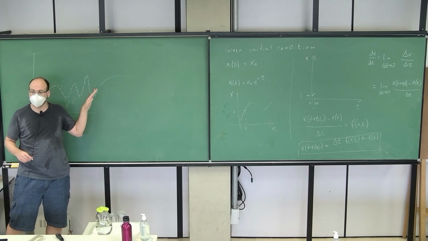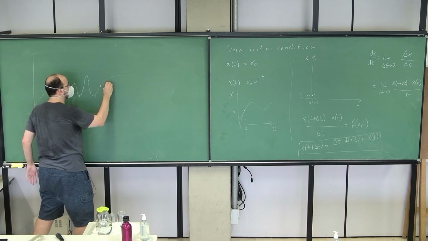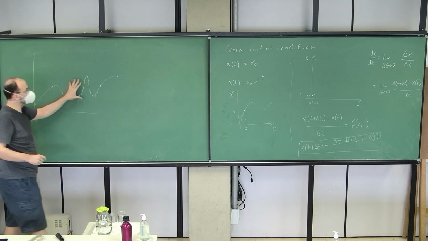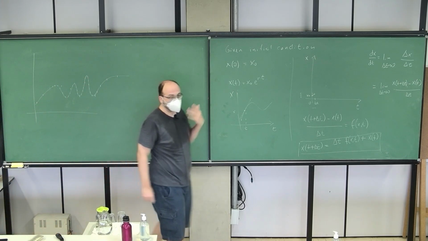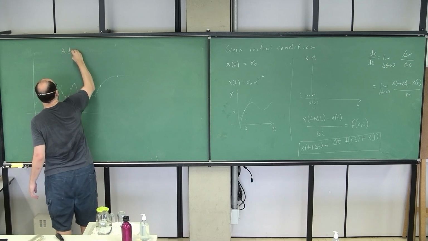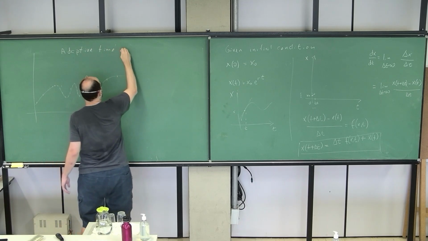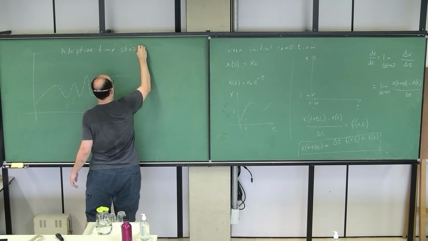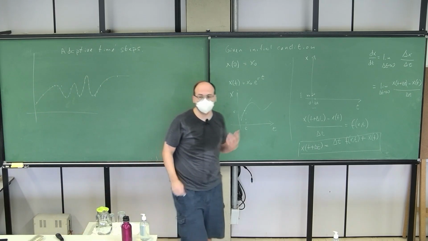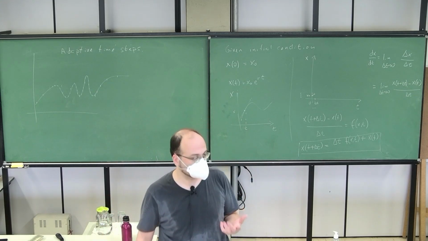It oscillates more slowly, okay? And now here I can increase the time steps once again, right? So this is what we call a method with adaptive time steps, okay? So this is how we control the size of the error, okay?